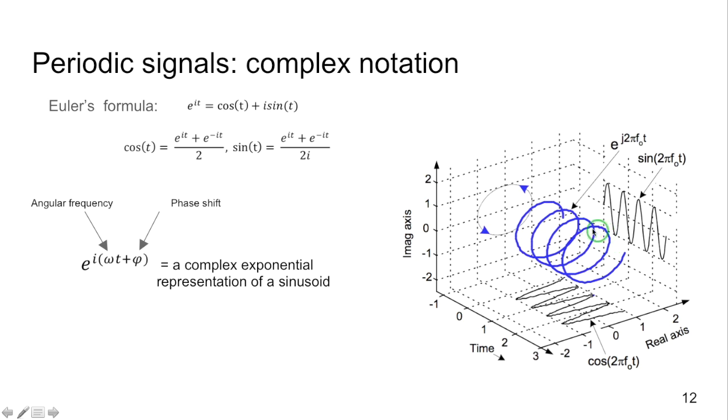And if we project that oscillatory activity onto the real axis, we get our cosine, and that makes sense because cosine is the real part of the signal. It does not have the i in front of it. If we project it onto the imaginary axis, we get our sine. And it's spiraling through time.